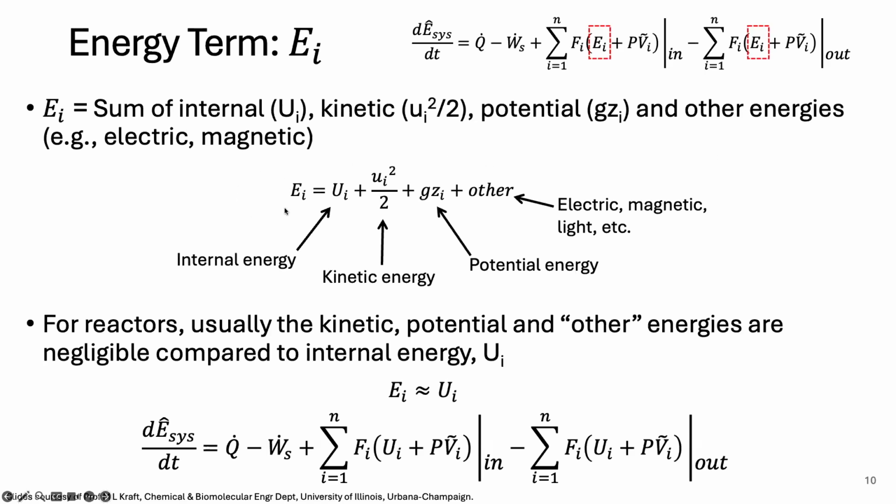So here we can write a general expression that captures each of those potential contributions, but typically in chemical reactor design, or in chemical reactors in general, usually the kinetic, potential, and other energies are negligible, and what we're interested in is the internal energy, or U sub I. So we can simplify our larger expression to say that the energy is equal to the internal energy, and rewrite our balance as such, replacing E sub I for U sub I in our flow streams.